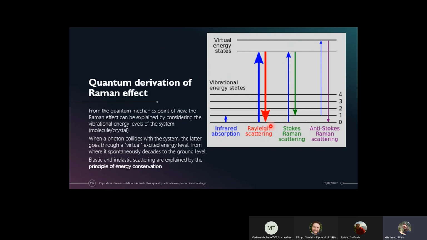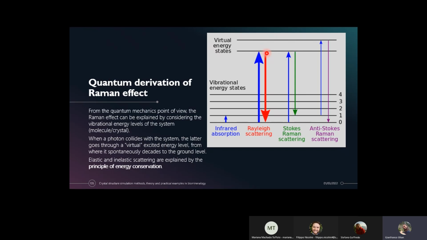So what actually happens can be simply depicted as an excitation of your system from a ground state to a virtual energy level that is below the electronic transition levels. I'm not going into details on this matter. Your system goes to a virtual energy state due to the interaction of your sample with monochromatic light.